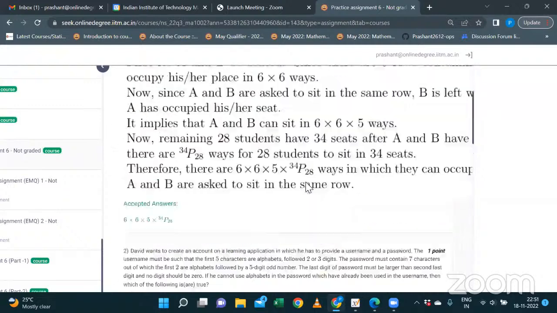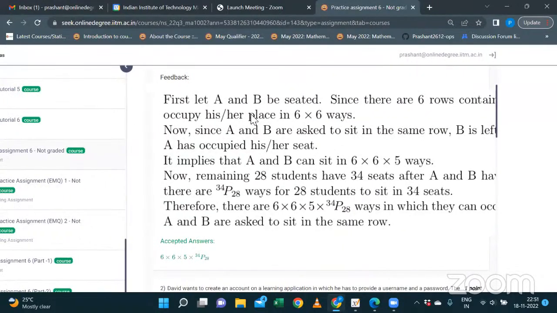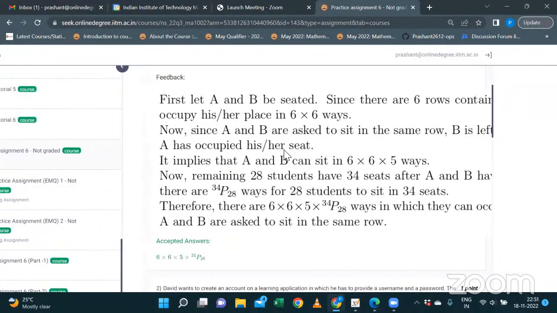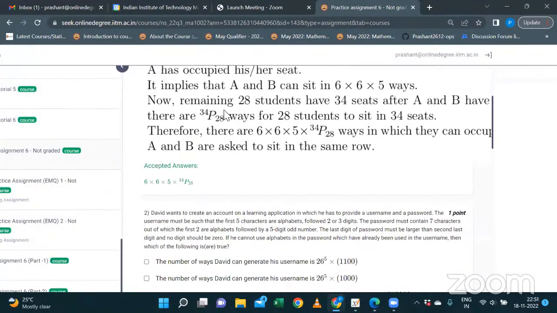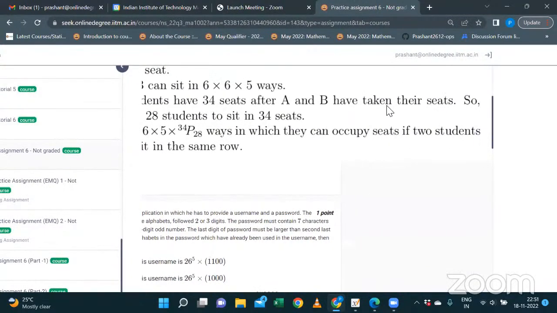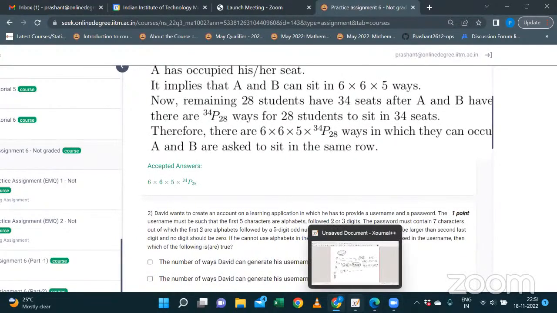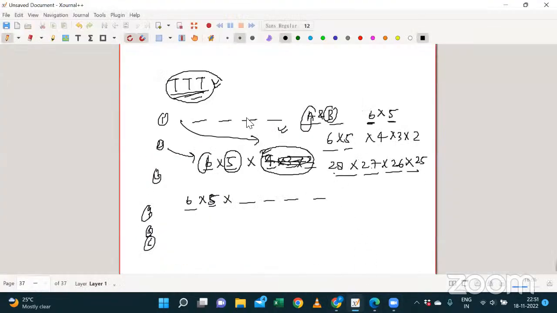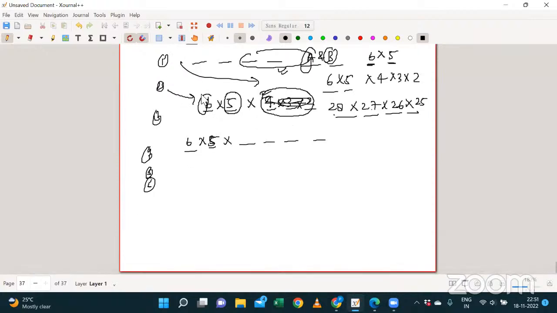If you read carefully, the remaining 28 students have 34 seats after A and B have taken their seats. Sorry, give me a minute, I think I'm making a mistake here.